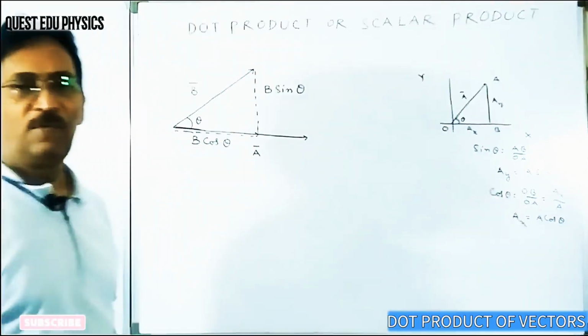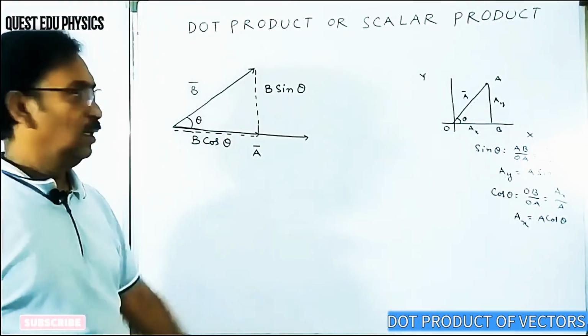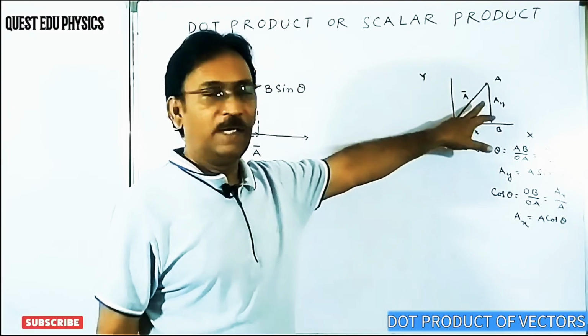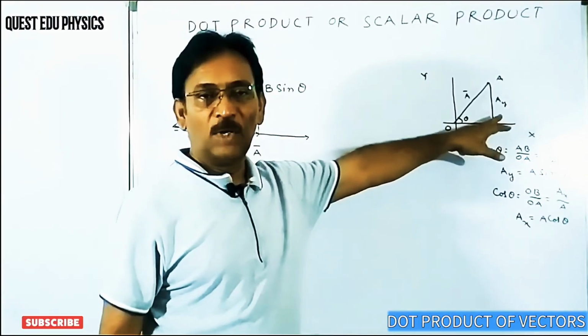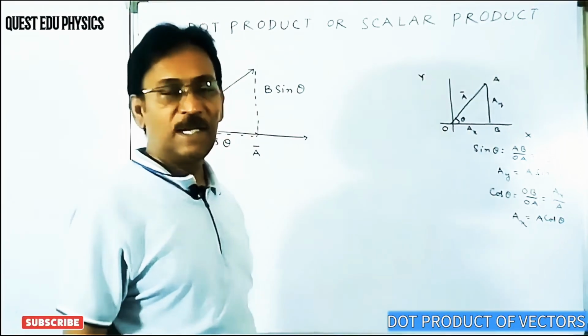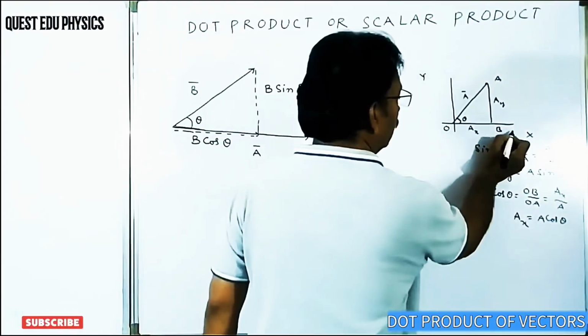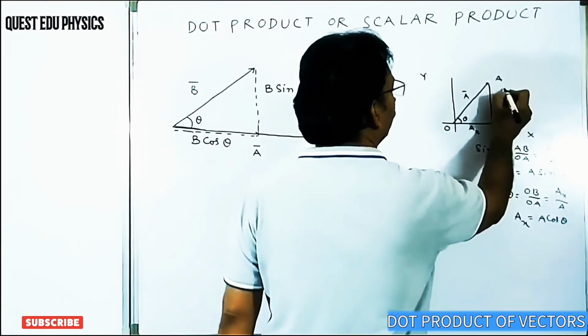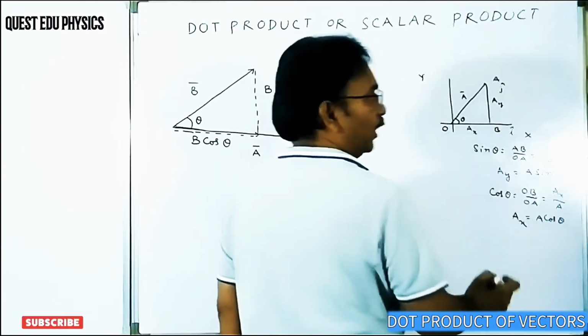This is the actual process of resolution of vectors. We resolved a vector A bar into two perpendicular components. Along the y-axis it is AY, and along the x-axis it is AX. If you write the unit vectors, it is i cap and j cap.